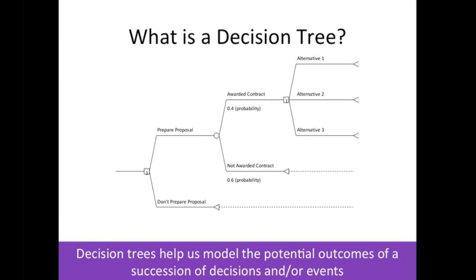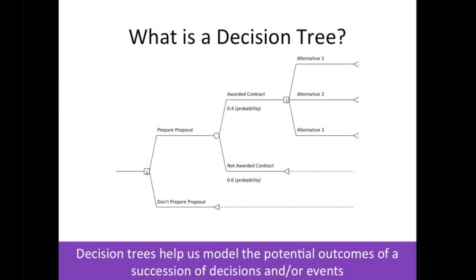One, a decision will be made to select one of two or more alternatives with an associated payoff value, or two, an event will occur with at least two possible random outcomes, a probabilistic event, each with an associated probability of occurrence and an associated payoff value.